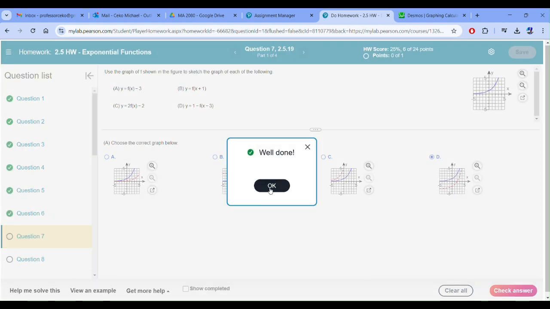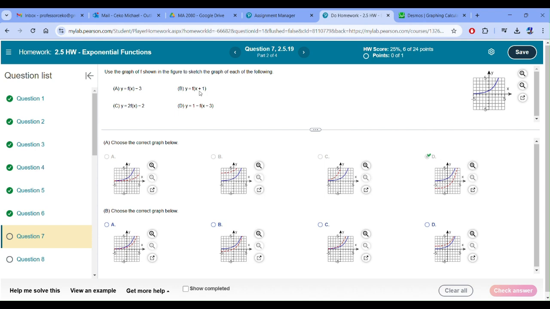If I look at B, it's going to be shifted 1 unit to the left. C is going to be down 2, but also much quicker. And D is going to be reflected and moved up 1 unit. So B should be 1 unit to the left. If I take that graph and move it 1 unit to the left, I think it's going to be something like that.